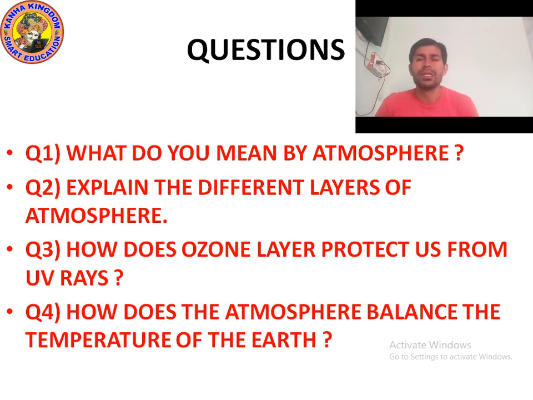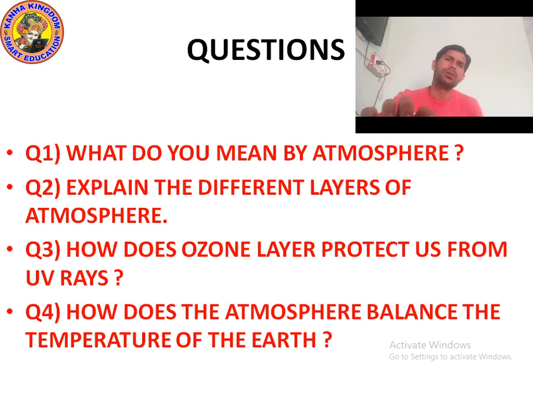This word is not given in your book, so this is an extra point for you. Ionosphere makes radio programs possible. The exosphere is the outermost layer of atmosphere, and here the air is thinnest, meaning less dense. There is no layer just above it.